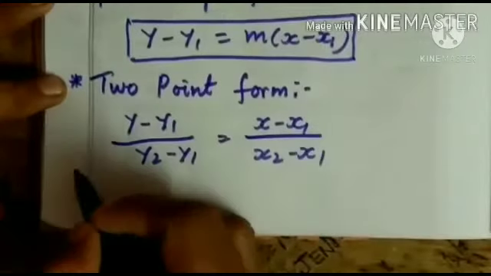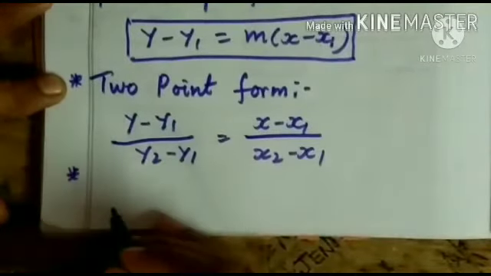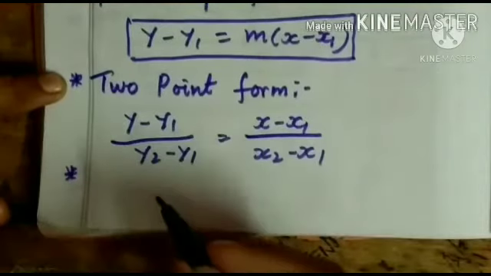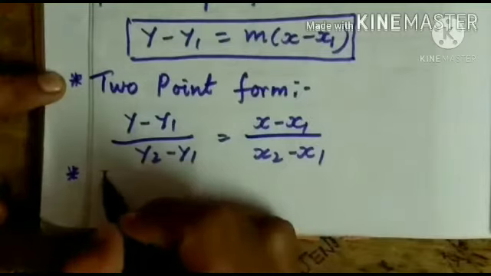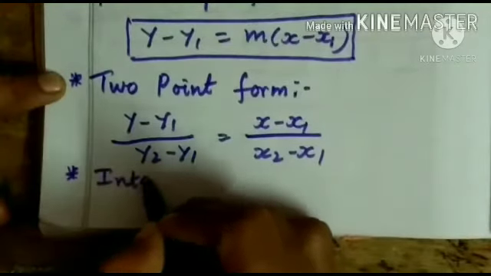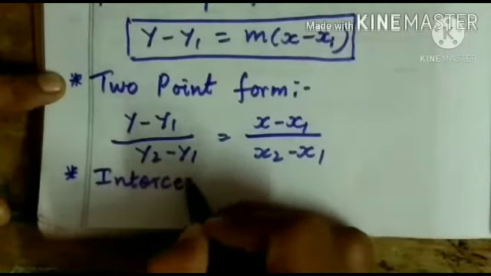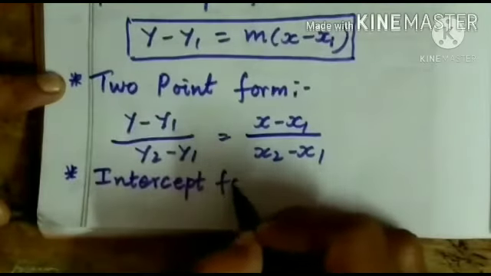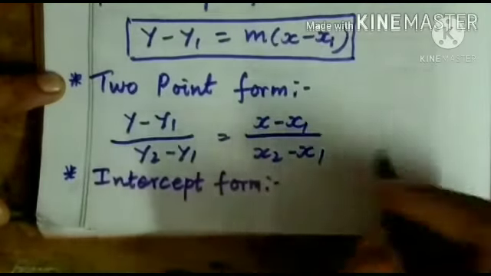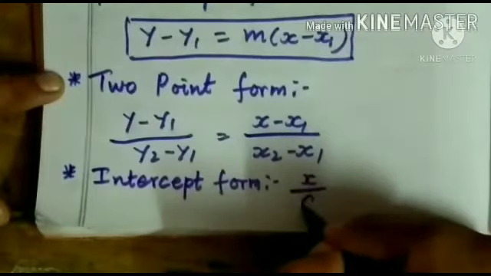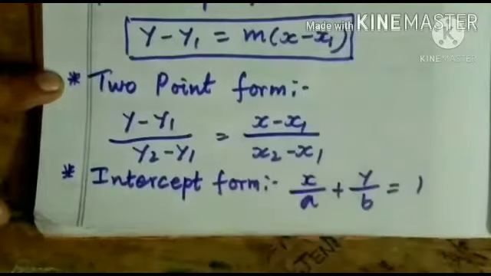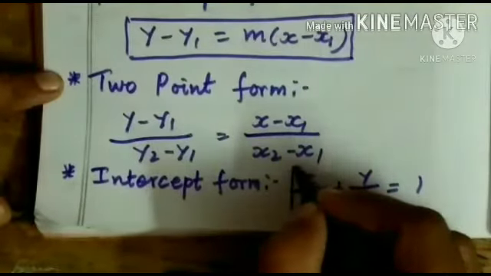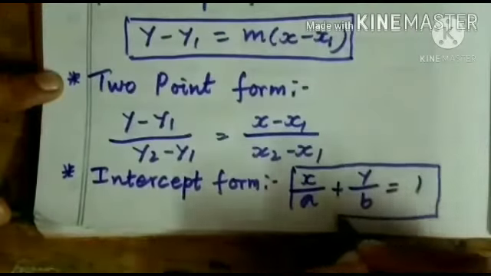If a straight line passes through the x coordinate and y coordinate, then the equation of the straight line by intercept form is x by a plus y by b is equal to 1. These are the important formulas to find the equation of the straight line.